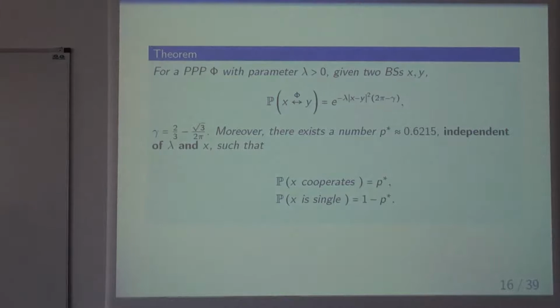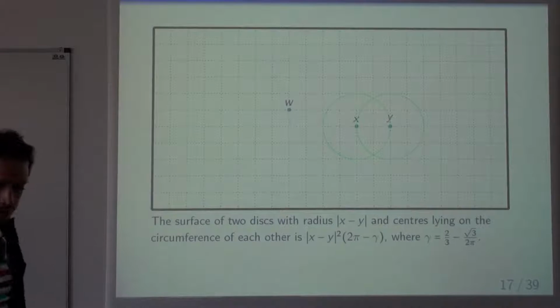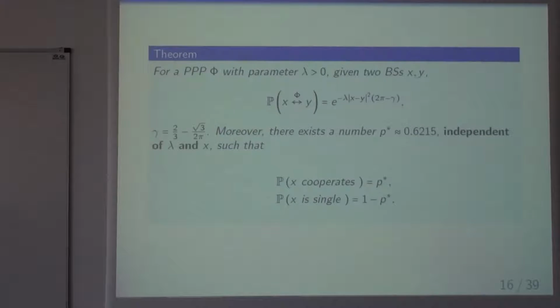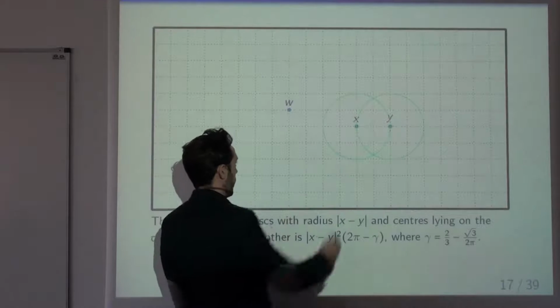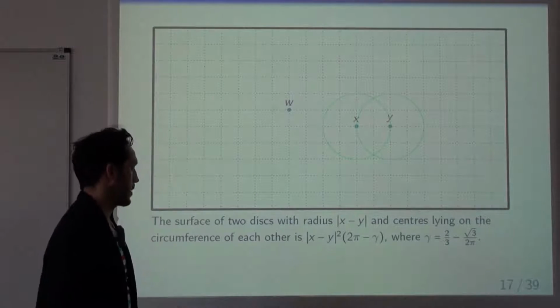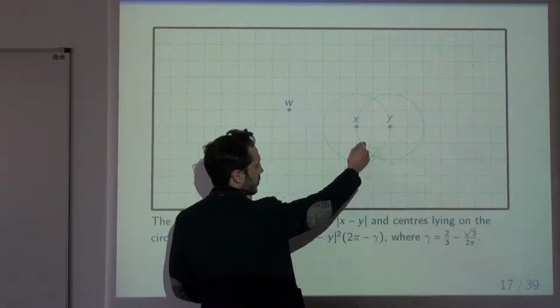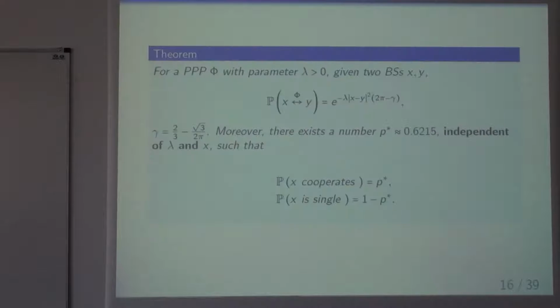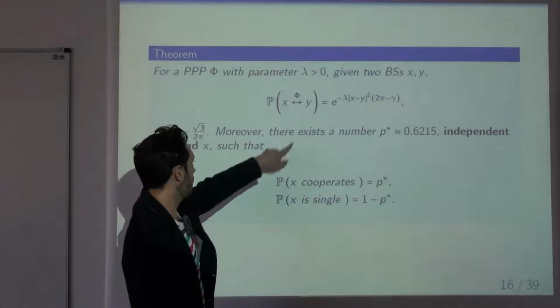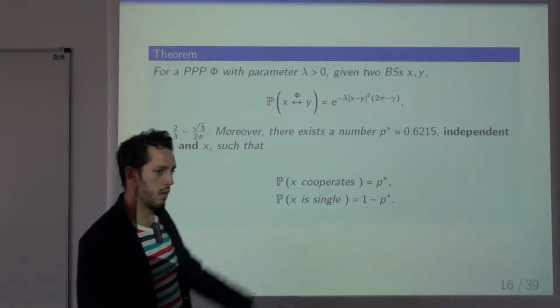This is easy to see because the first expression is only the empty space probability of the Poisson process, where the surface which has to be empty is the union of these 2 disks. And this number is just the integral of this expression over the Euclidean plane.